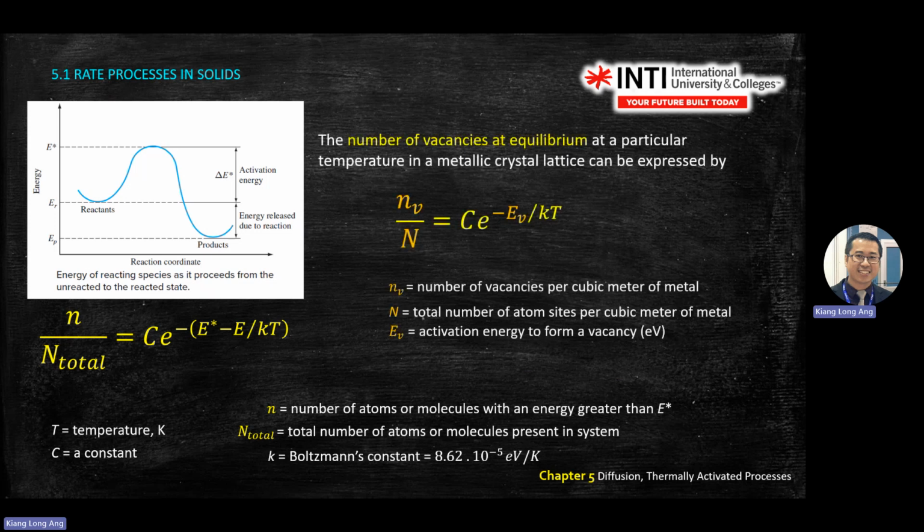And the one on the left here, don't confuse it with n divided by N total equals C e to the power of minus E star over kT. Don't confuse the left-hand side equation.